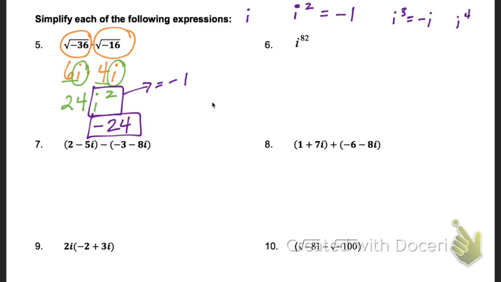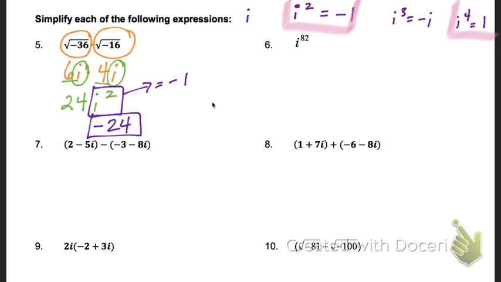And then i to the 4th, I need to change to what? Might need to go back and look at it. 1. So if you end up getting an i squared or an i to the 4th in your answer, you need to change that to be -1 and 1. i you can keep as i, and i cubed you can keep as -i. Those are the two instances in which you would keep an i in your answer.